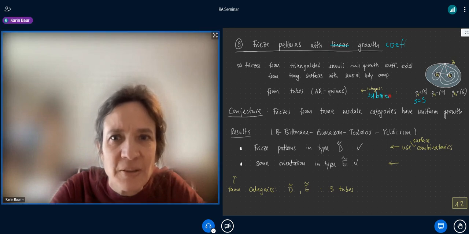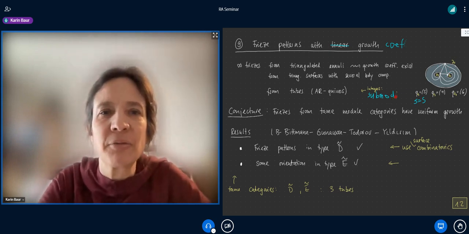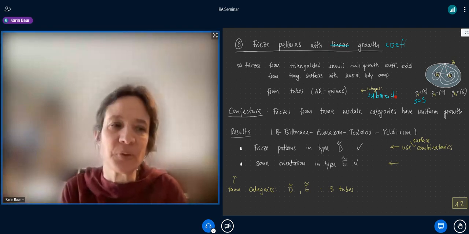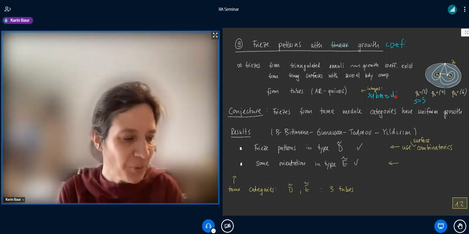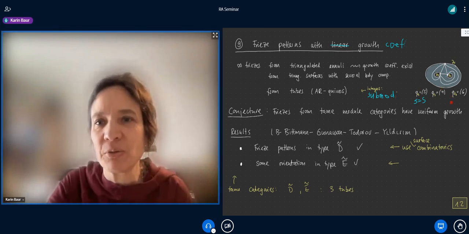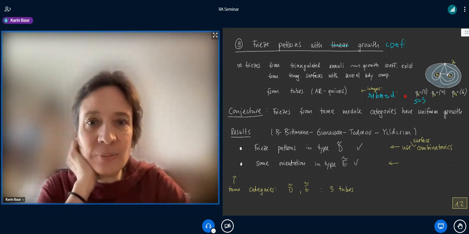But for example, I have looked at the Grassmannian cluster category where we have, again, tubes, and I took the numbers of the submodules at the mouth, and the growth coefficient was not uniform in general. So it is special for A tilde.